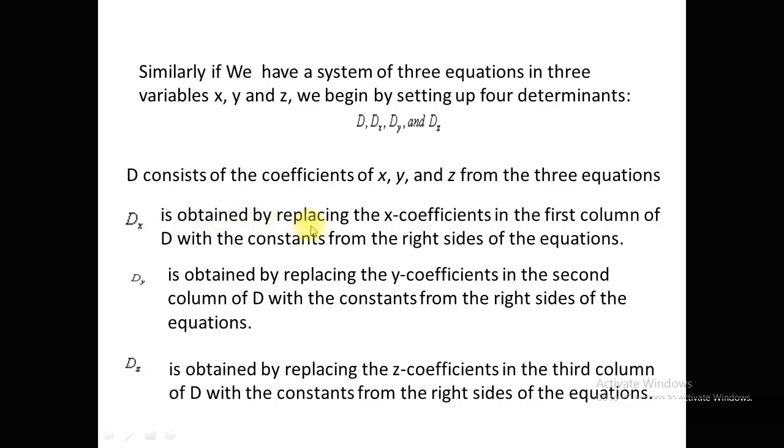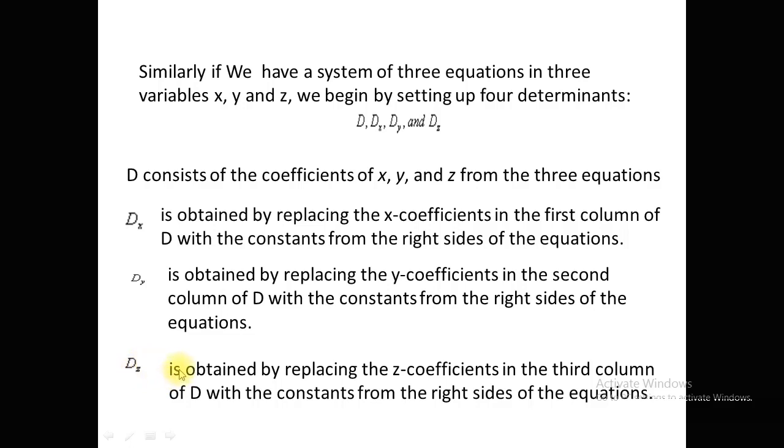Dx is obtained by replacing the coefficients in the first column of D with the constants from the right sides of the equations. Then obtain Dy for the value of y. Dy is obtained by replacing the y coefficients in the second column of D with the constants from the right sides of the equations. Then obtain Dz.